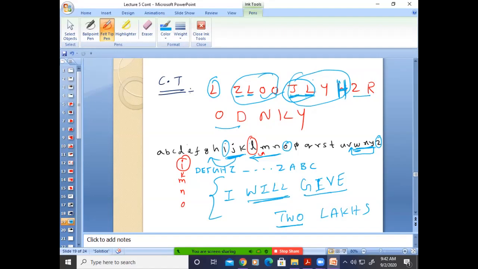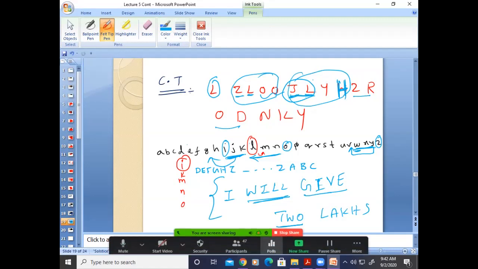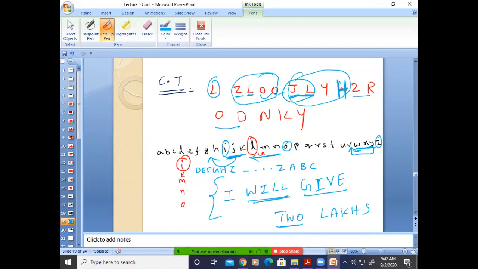For T, what can be the cipher alphabet? For E, what can be the ciphertext? Third letter means H. Yes, this should be H.